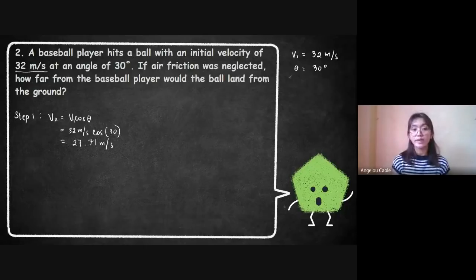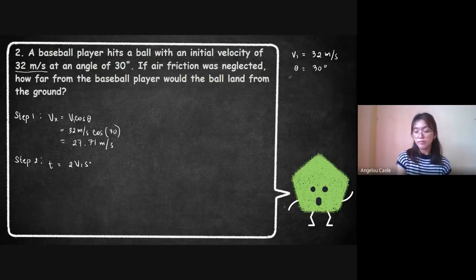For the second step, we will be finding the value of time since time is not included in the given. So to find time, we have T is equal to 2 Vi sine theta divided by g.